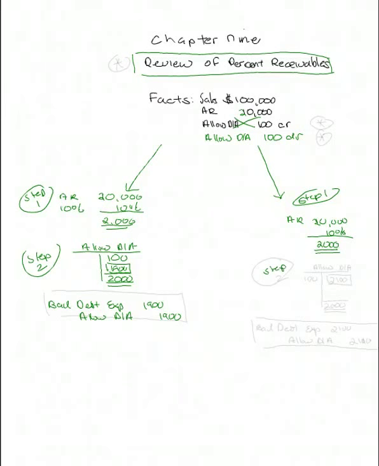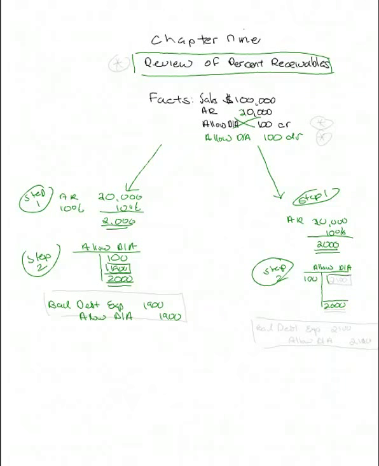Step two, I finished circling my steps, did you notice? The last problem. Step two for this problem would be to figure out where we are. The allowance for doubtful accounts has a $100 debit balance. We would like it to be a $2,000 credit balance.